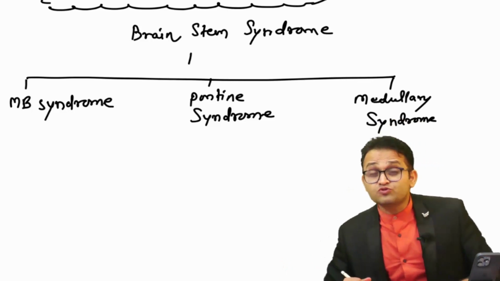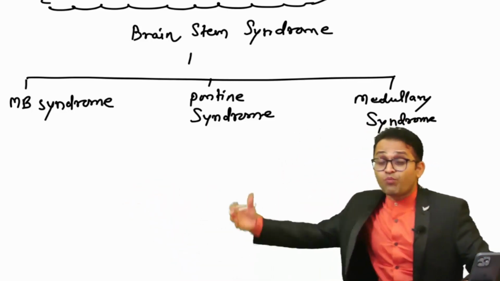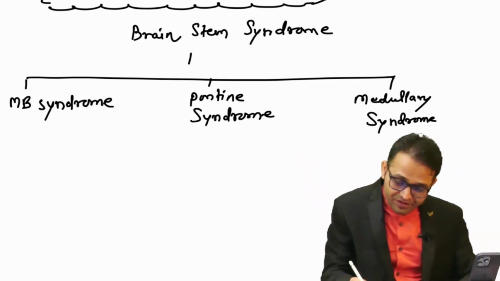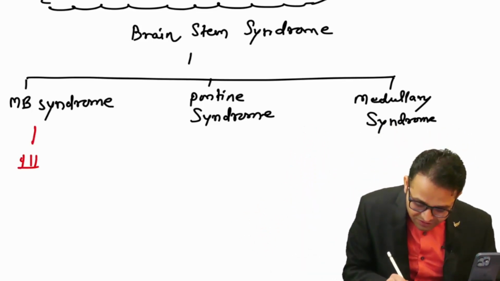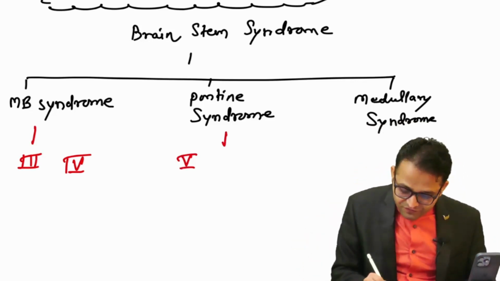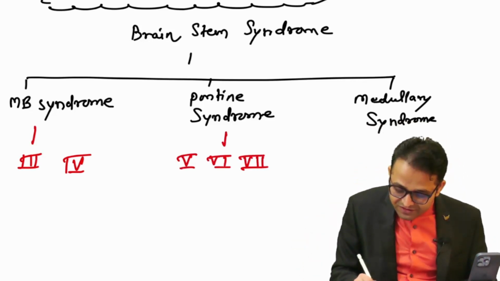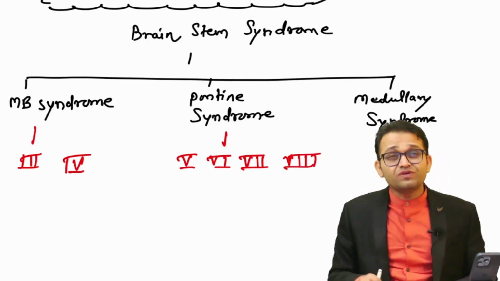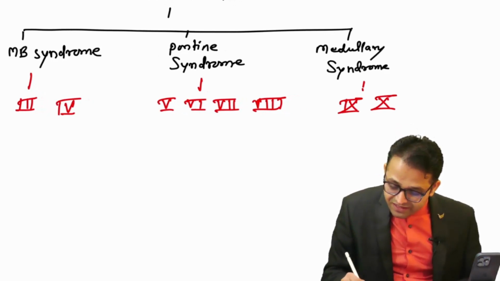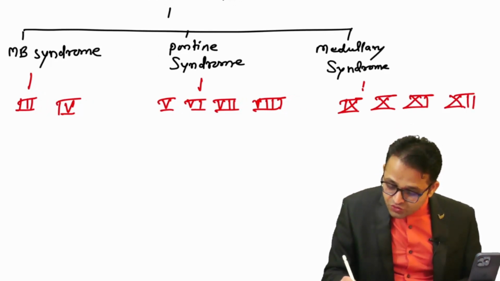So we are going to talk about the midbrain syndrome, then Pontine syndrome, and then medullary syndrome. I told you in the midbrain which cranial nerves? Sir, third and fourth. In the pons there are the fifth, sixth, seventh, and eighth cranial nerves. So easy. Then in the medulla, ninth, 10th, 11th, and 12th cranial nerves.